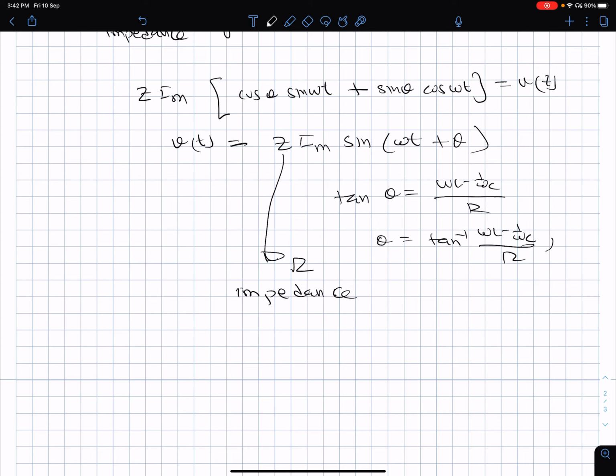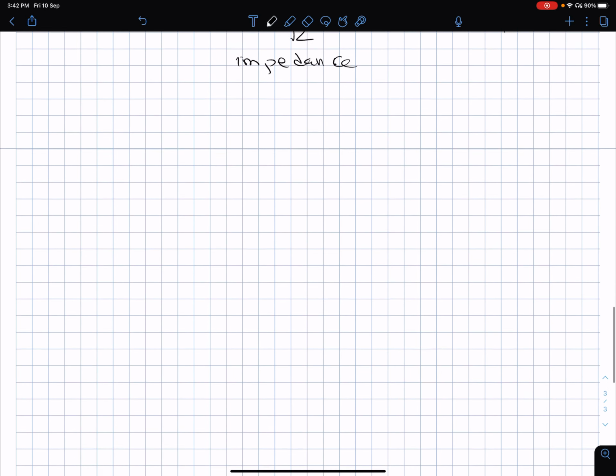So therefore, we need to do something on the invention of phasors. We need to develop our concepts from sinusoids to phasors before we can actually start writing an analog of Ohm's law for more generic circuits like this.